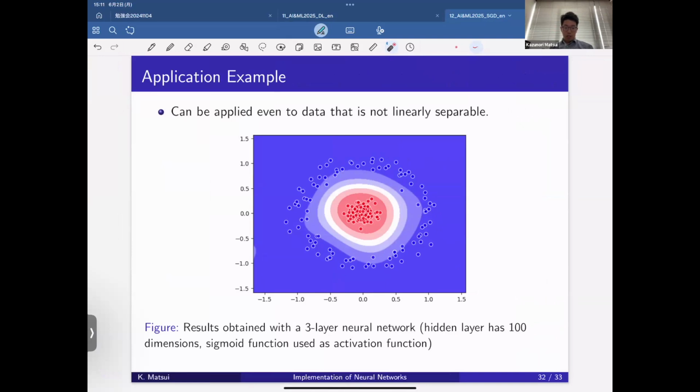And when we apply the sigmoid function as the activation function, we can see that it predicts red for red and blue for blue data like this. As you can see from this, the data is not linearly separable. So we can confirm that these neural networks can be applied even to data that is not linearly separable.